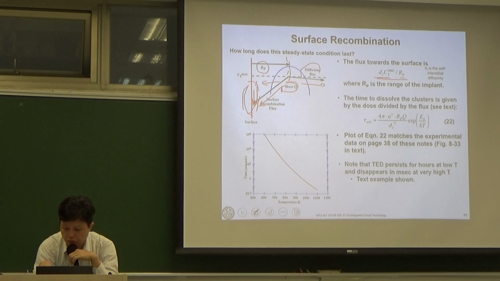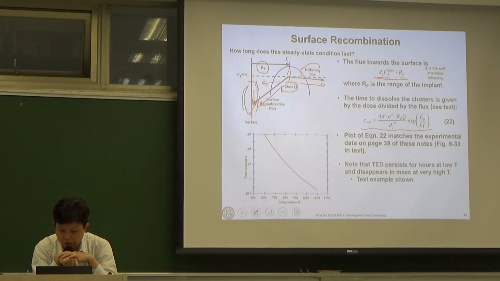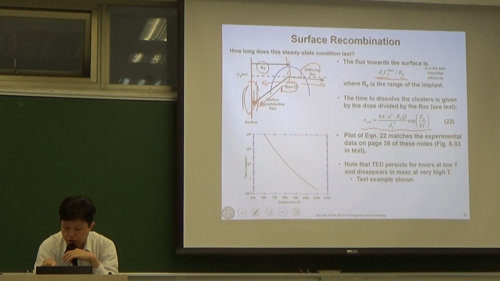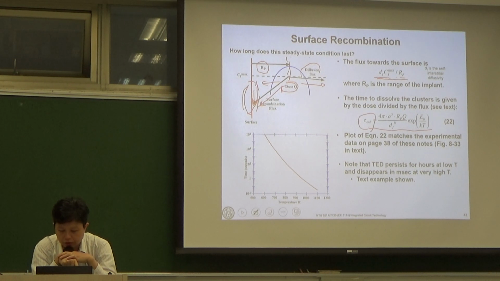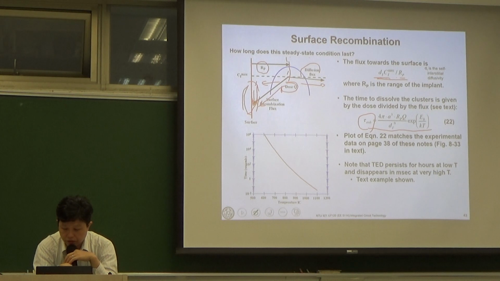And the time to dissolve the clusters is given by the dose divided by the flux. So this is another result of this TED that we are interested in: the time of the enhancement. We can plot this in these figures.